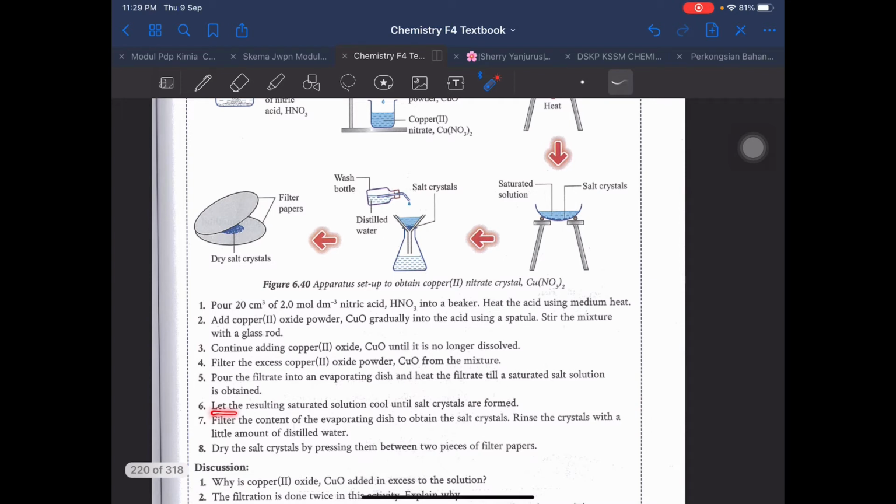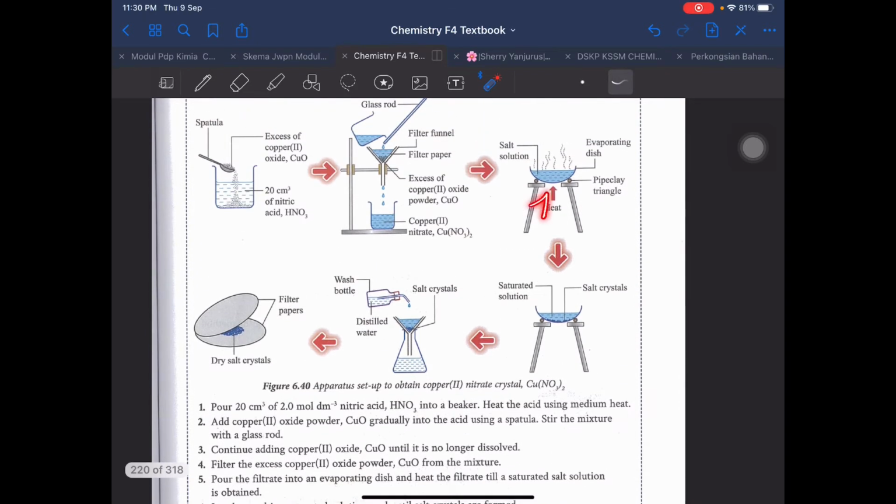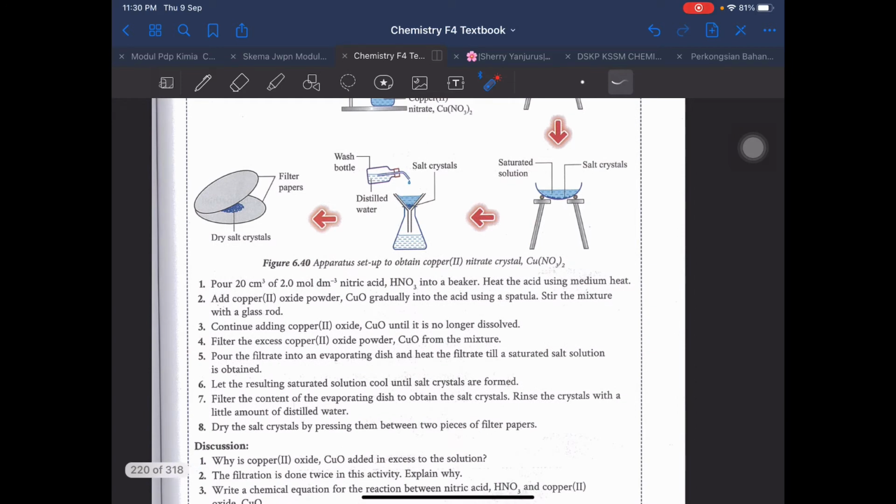You need to let the resulting saturated solution cool until crystals are formed. Sudah panas, sudah saturated, sejukkan dia, sejuk sampai you see salt crystals. After that, you need to filter the content. Turas lagi kandungan yang tertinggal tu.